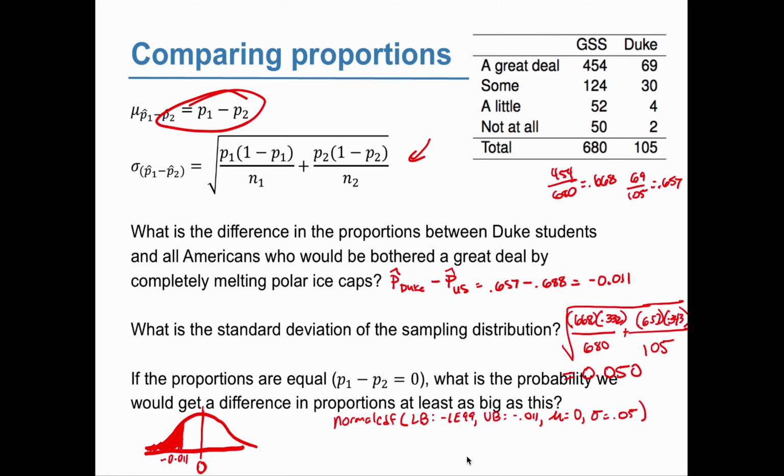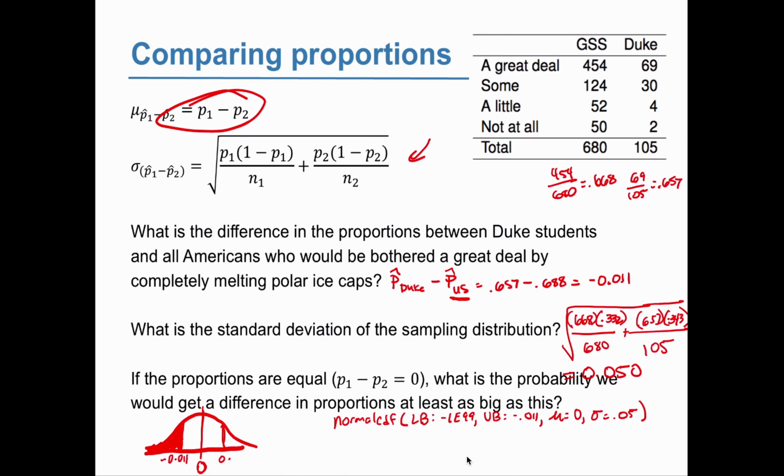But it says a difference in proportions at least as big as this, and doesn't specify the direction. It doesn't say what's the probability that the proportion for all U.S. residents is at least this much. It just says a difference in proportions, which could go either way.